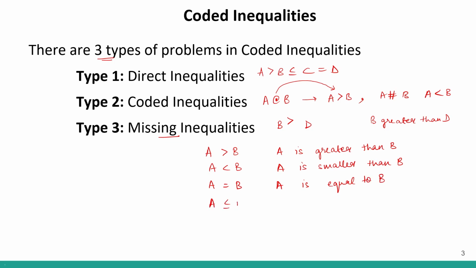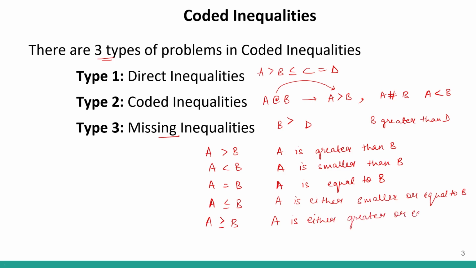If we write it like this, it means A is either smaller or equal to B. Similarly, if we write this, it means A is either greater or equal to B, correct? So these are the only 5 symbols that we use in coded inequalities.